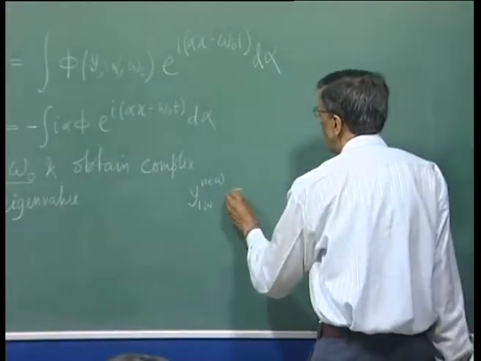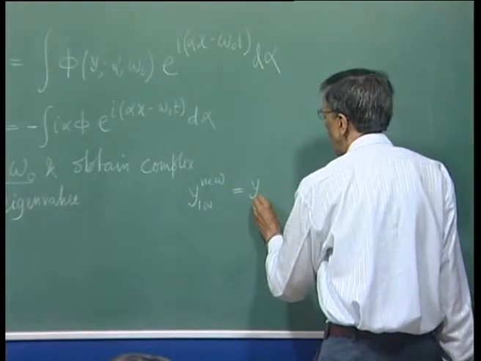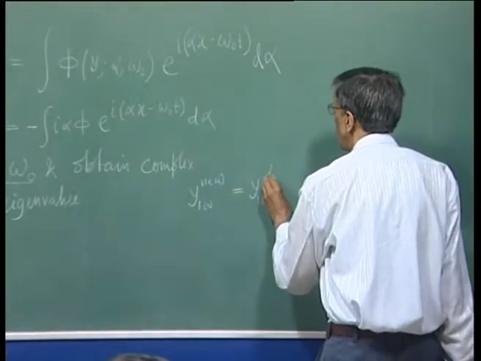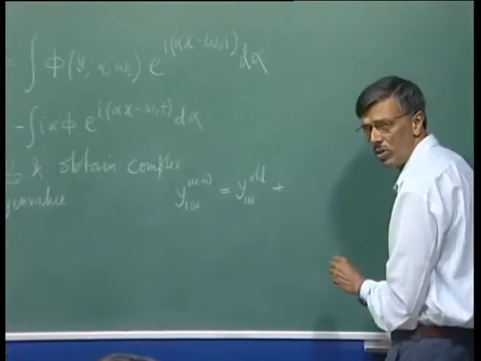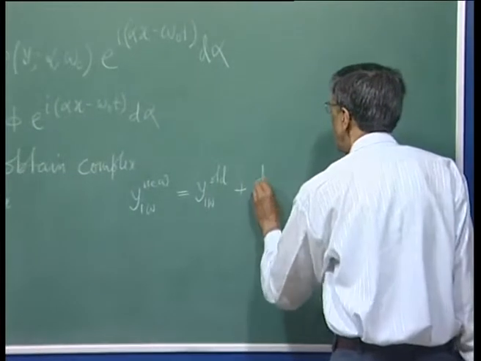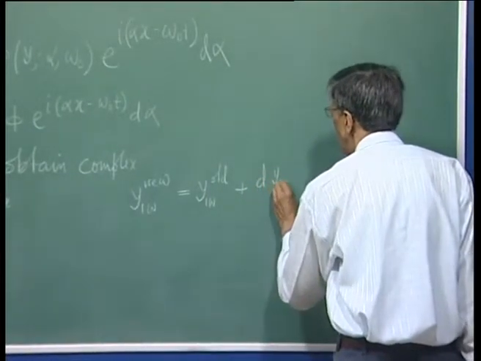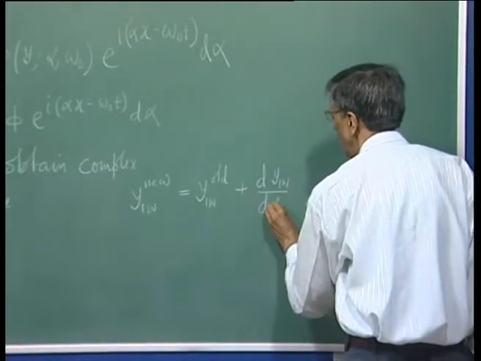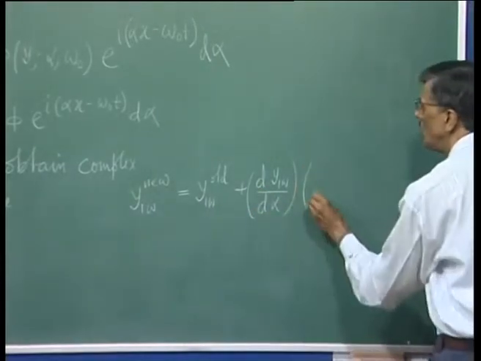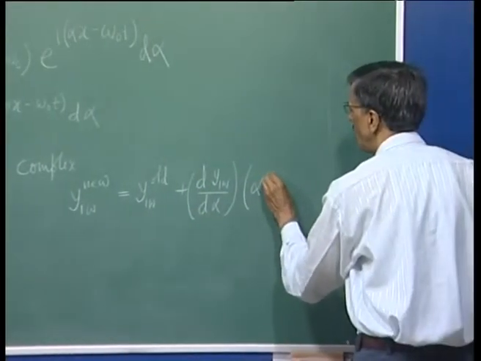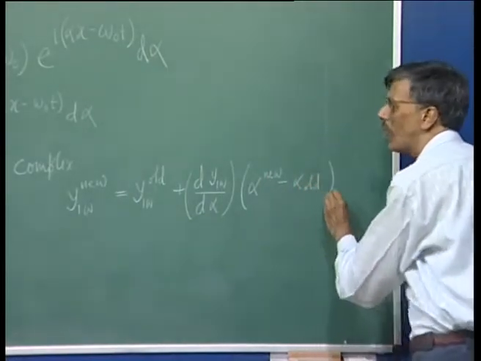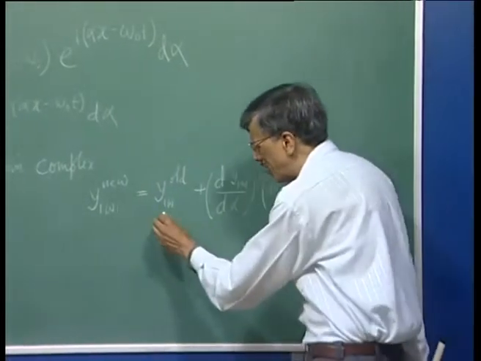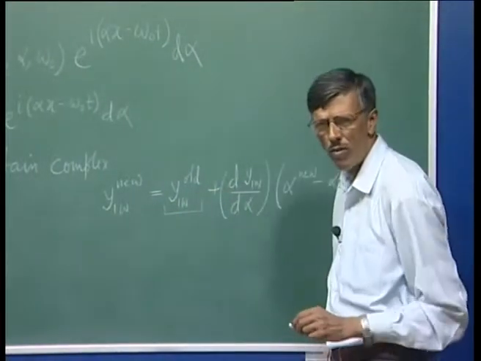So, this is what we will say: y 1 at the wall, what we obtained as this, plus I could obtain d y 1 wall d alpha into alpha new minus alpha old. So, what we are talking about, we have this imprecise old value.